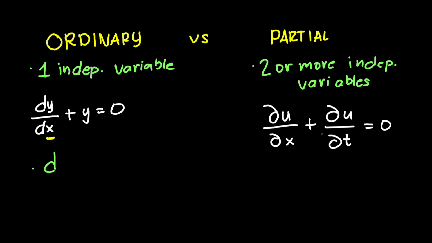You can see here that it has two independent variables, which are x and t. Another sign to identify whether an equation is partial is how this is written. Unlike this, where d is straight, for this it has a curved line to it.